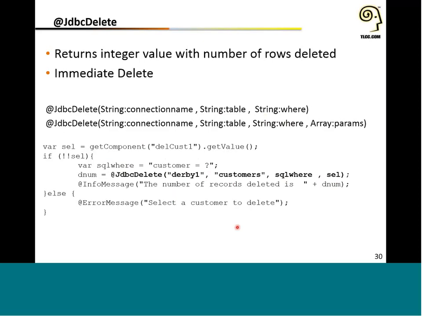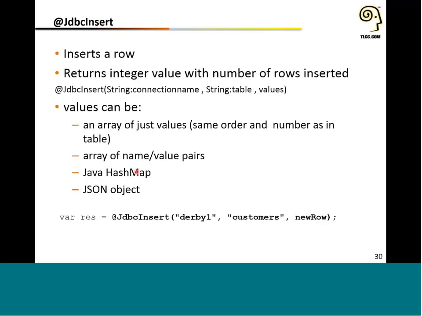Okay. Let's look at how we insert data. We use the JDBC insert. Again, you pass it the connection and the table name, and then we have the values. So this is going to insert a new row in our data. So what we can do is pass it an array with all the columns for that new row.